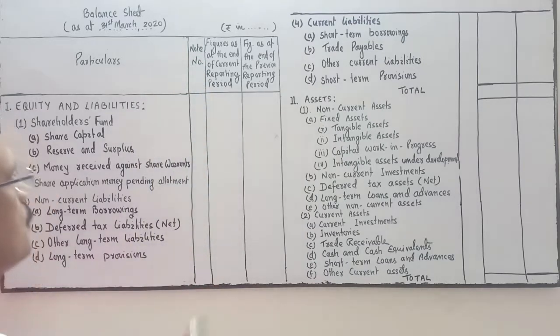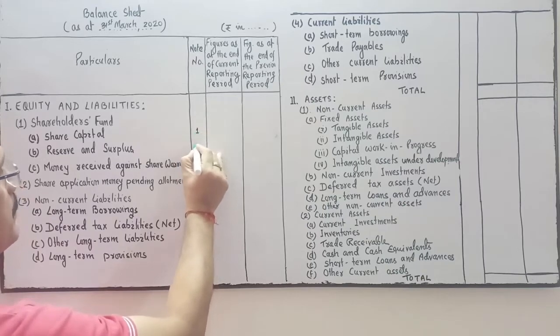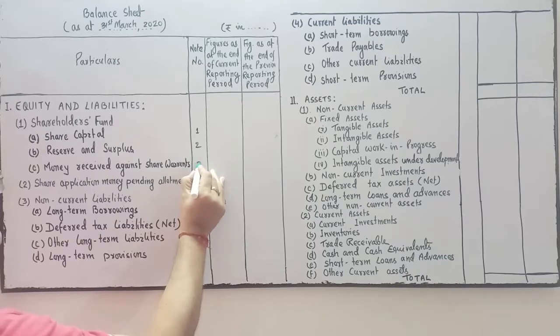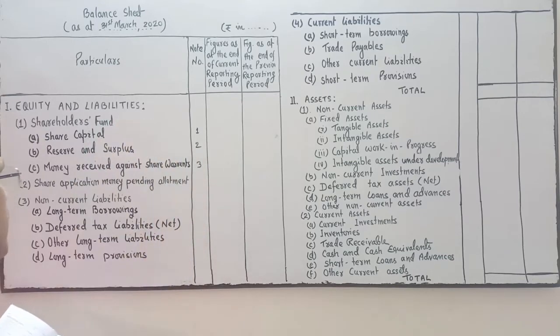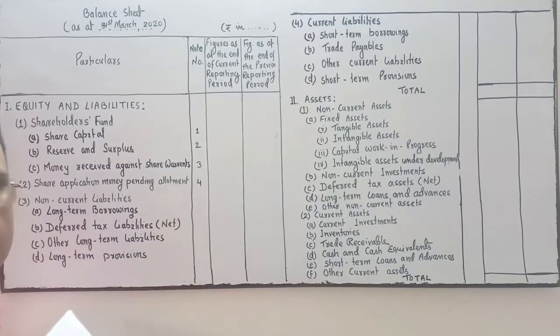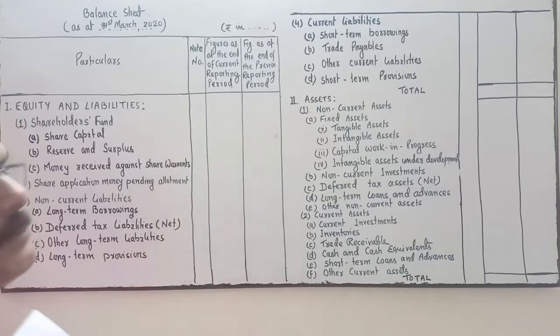Here we will write 1, 2, 3. Suppose share capital is note number 1, reserve and surplus is note number 2, money received against share warrant is note number 3, share application money pending allotment is note number 4. If you want to see the detail about all this information, you have to refer to the concerned note number. So detailed information will be in the note number.